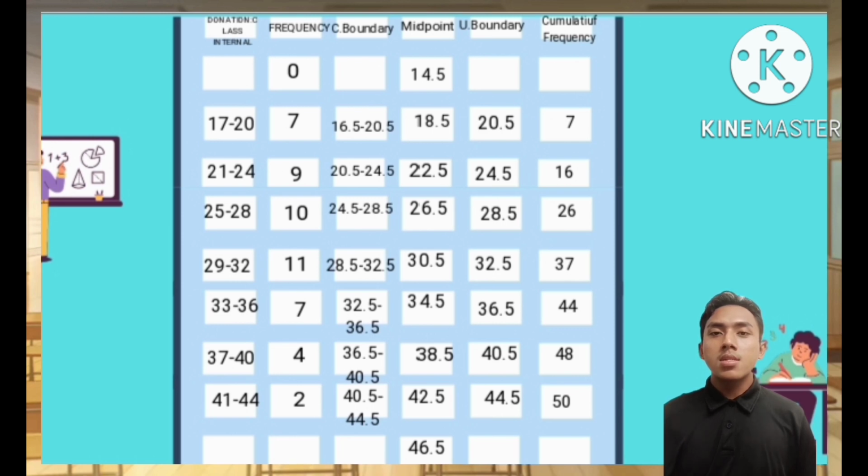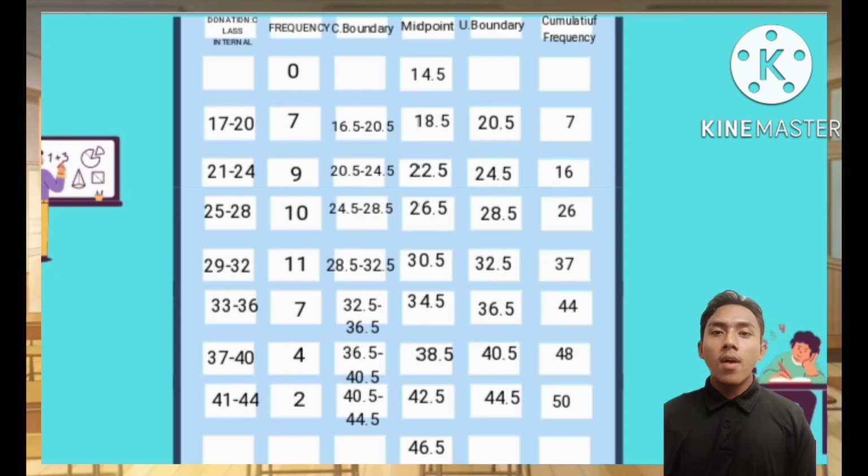Next is the right way: take the right number of the class interval, which is 20, and add 0.5, which is equal to 20.5, and then do the same way.